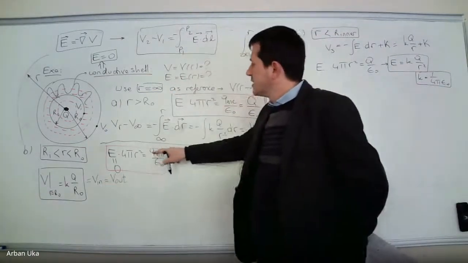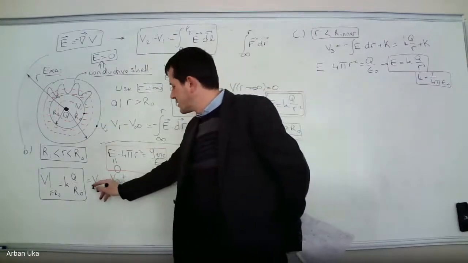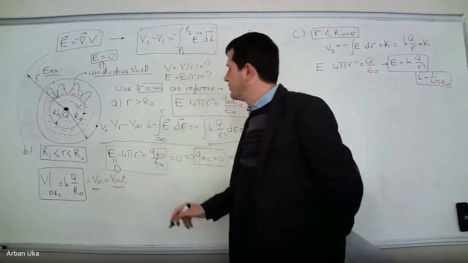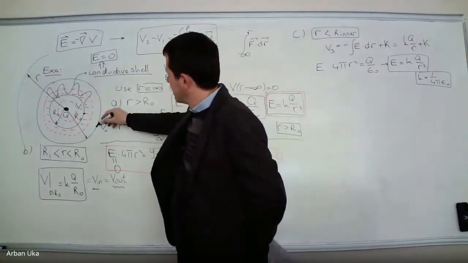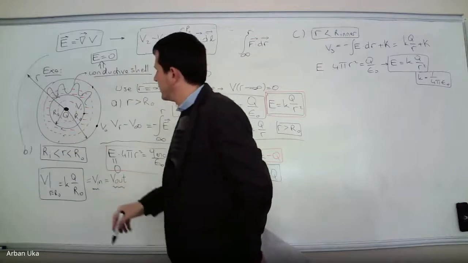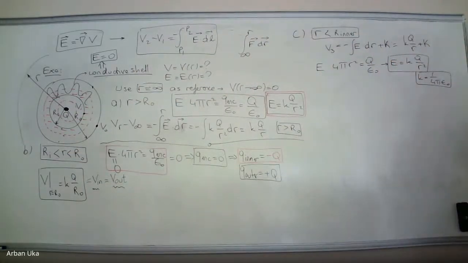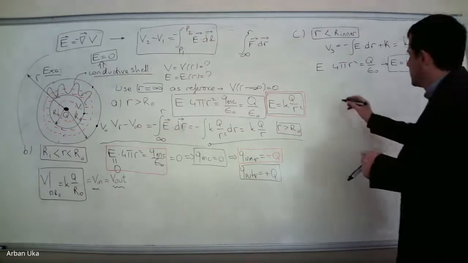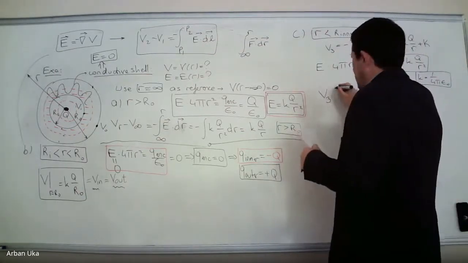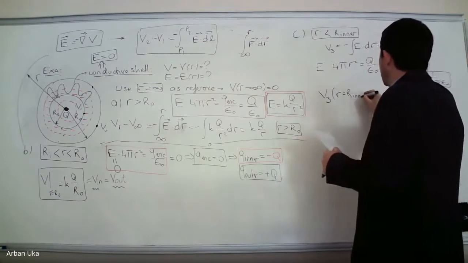But since this conductive layer was equipotential, we can say that this V inner should be equal to V outer, because the potential at this point and everywhere is equal. So when we come to this expression here, we have to say that V3 is when the radius is equal to R inner.